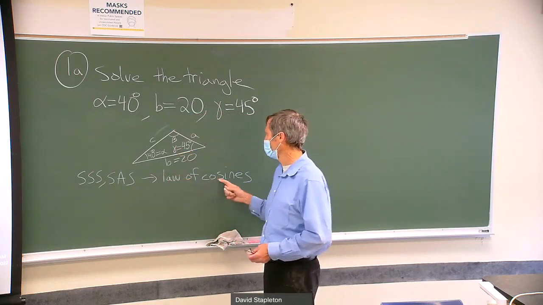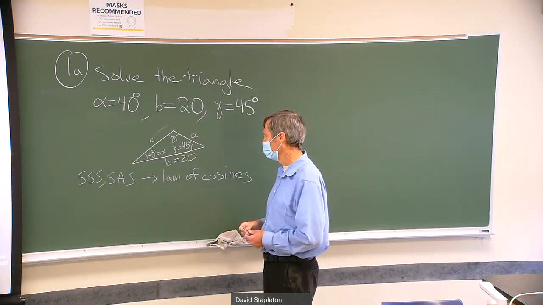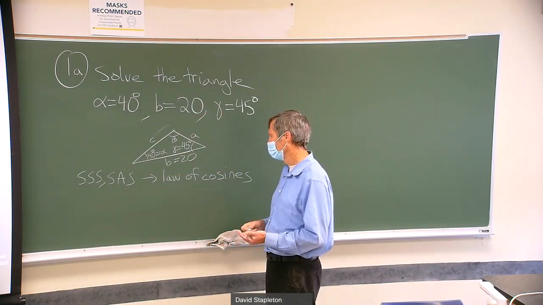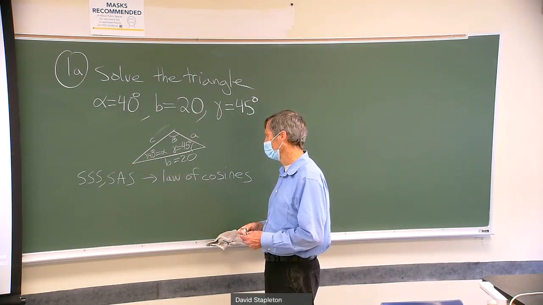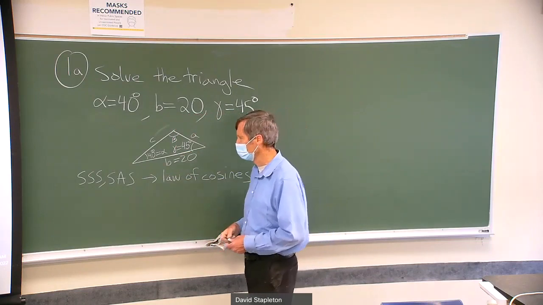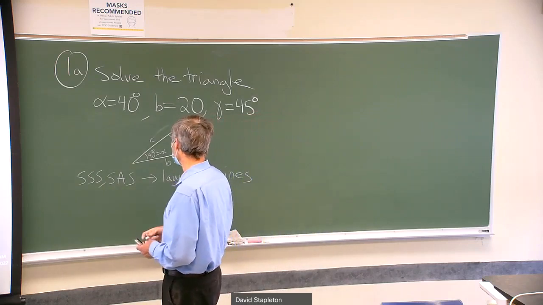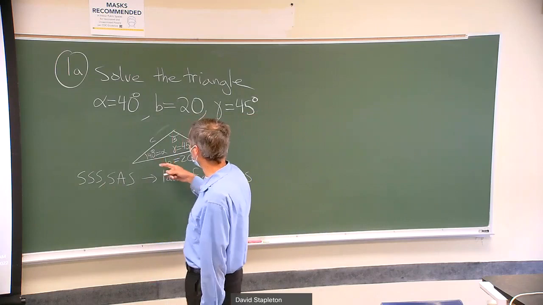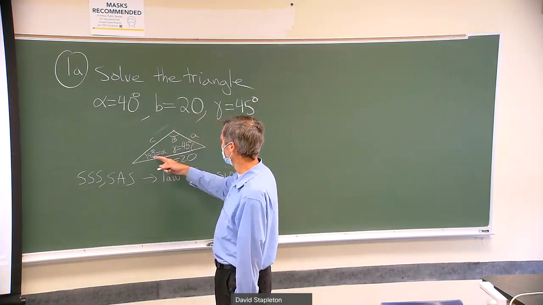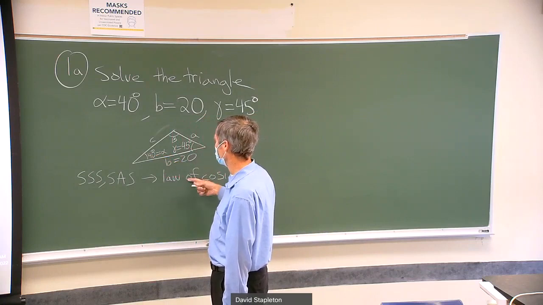So these two cases go to the law of cosines, and in all the other cases, go to the law of sines. If you're given side, side, angle, or angle, angle, side, or angle, side, angle. And then angle, angle, angle is not a congruence theorem. I won't give you that one, right? So there's the law of cosines if I have that. But what do I have here? I have angle followed by side followed by angle. That's not one of those.